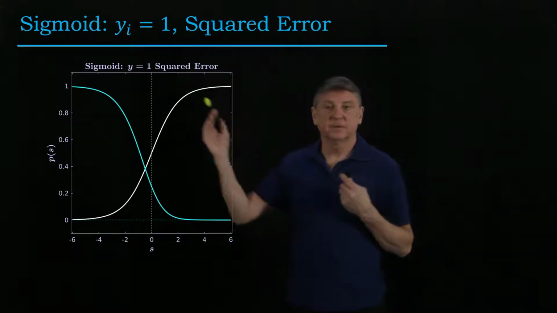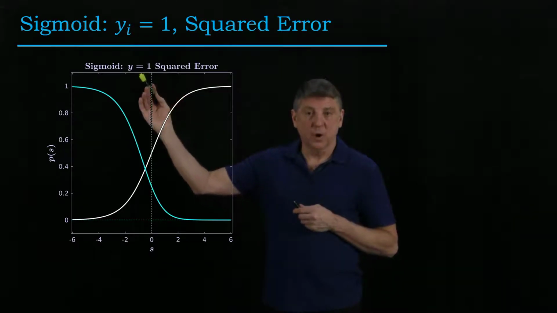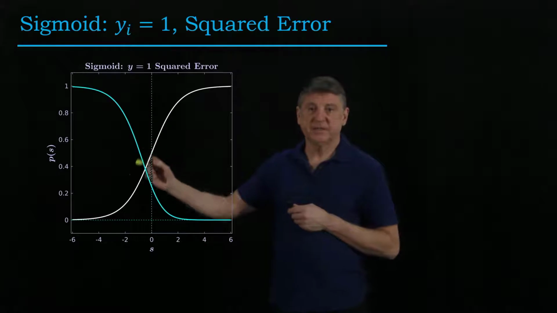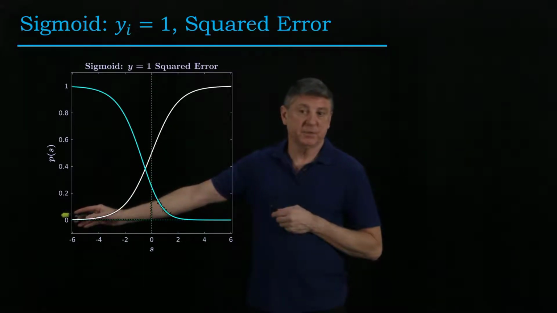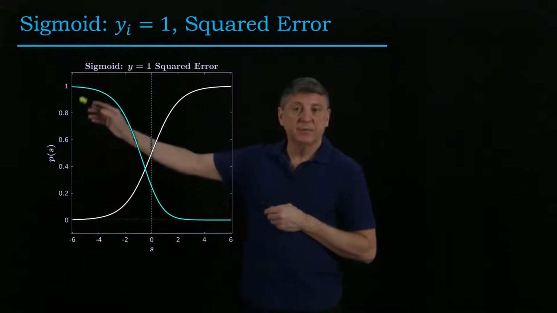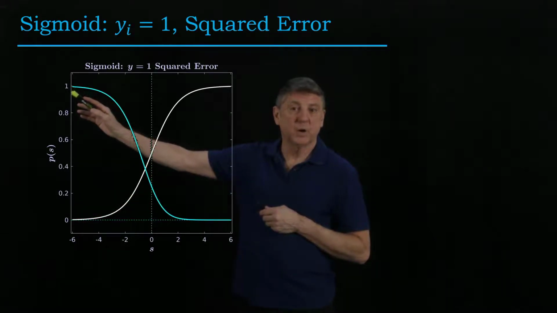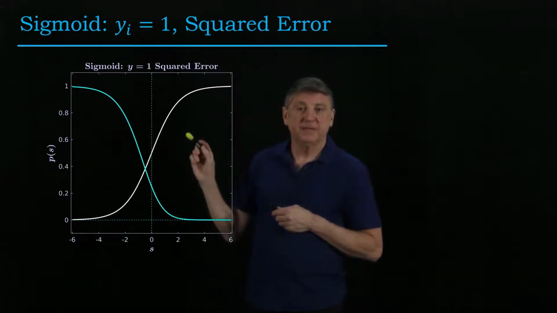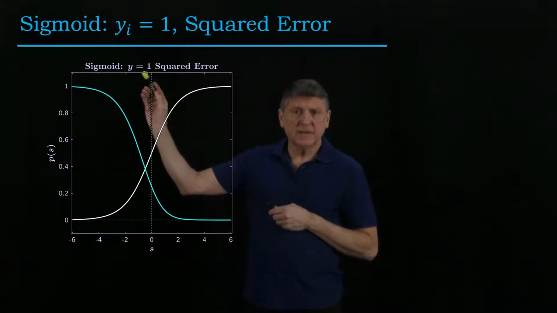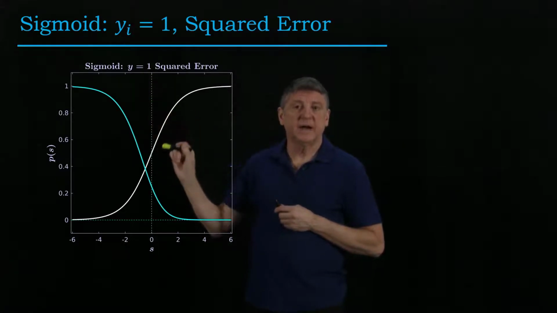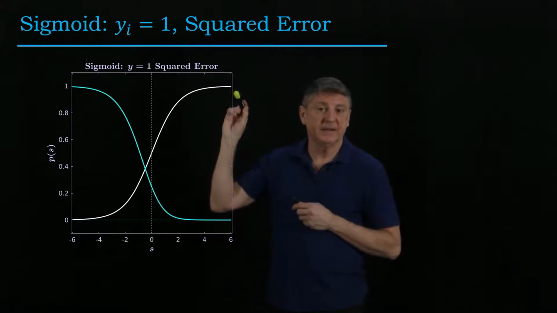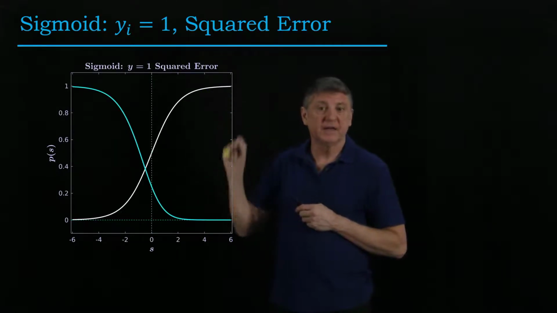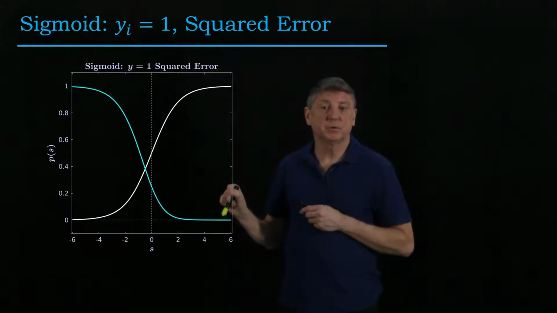Likewise, if the label is 1 and our logistic function says that it's very unlikely that that data is on the positive side of the hyperplane, then we get a maximum error, which is 1. And if the label is 1 and our logistic function says that it's very probable that that data vector is on the positive side, then we want a nearly 0 error.